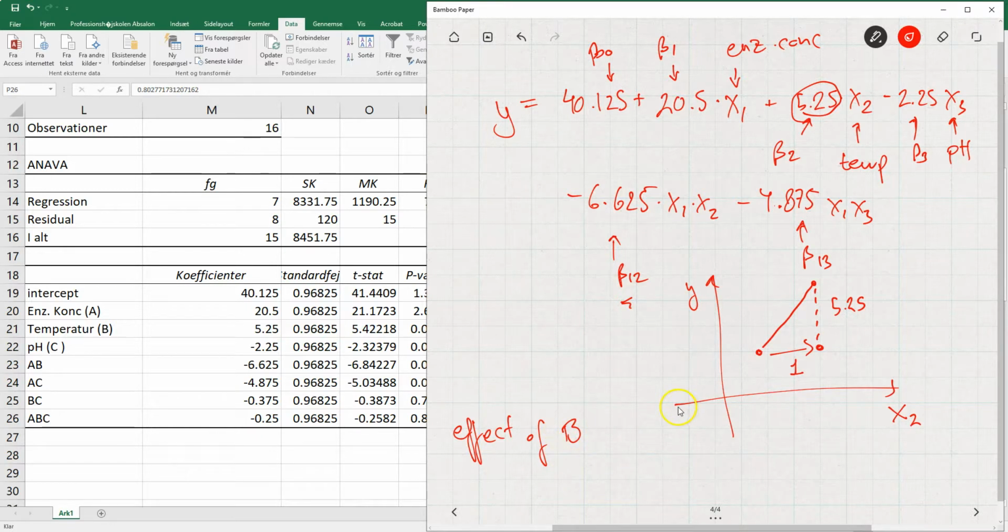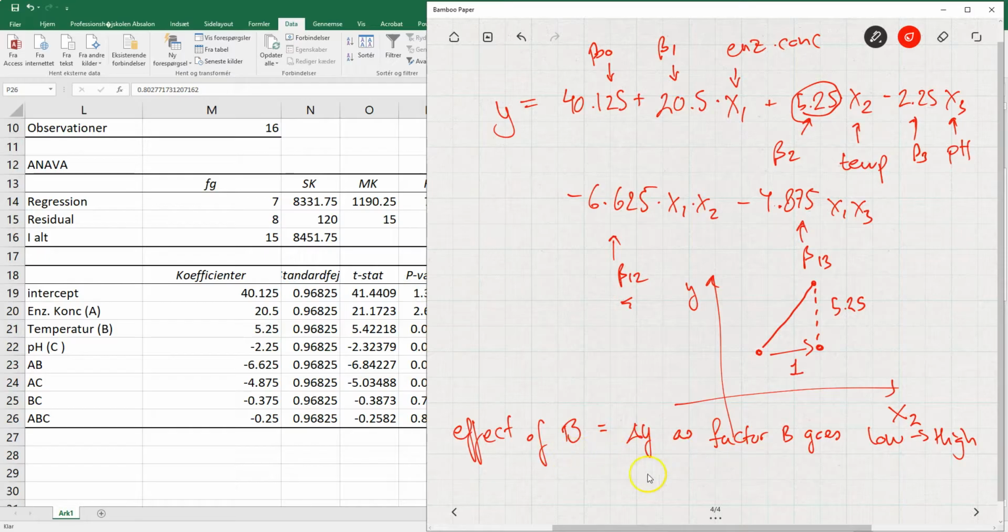Now the effect is defined as the change in the y value, or the increase in the y value, as factor B goes from low to high. So when we increase our temperature from the low level to the high level, and I think in our case we were talking about 20 degrees to 35 degrees or something like that.